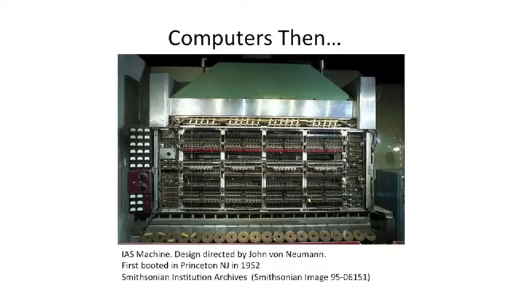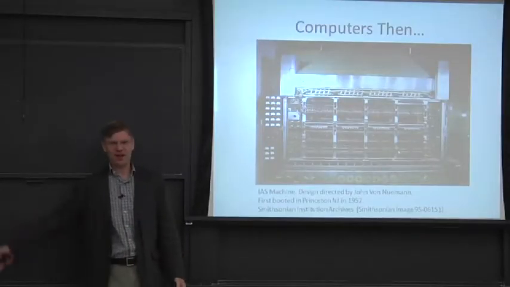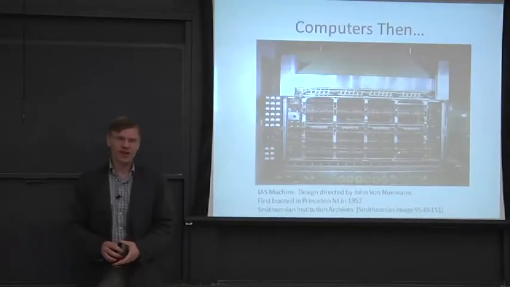So here's a picture of the IAS, or the Institute for Advanced Study machine, which was built at the Institute for Advanced Study, maybe about a mile and a half away from this classroom. It was designed by John von Neumann. It was first booted in Princeton in 1952. It was started in the late 40s and took them a couple of years to get working.